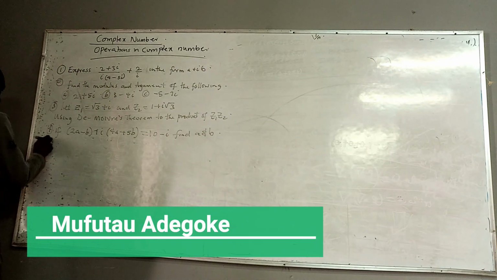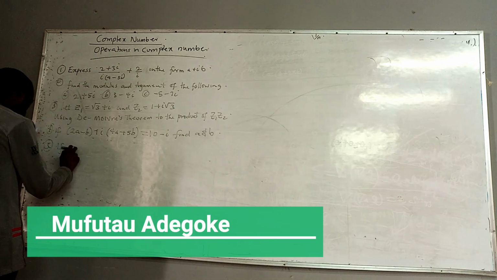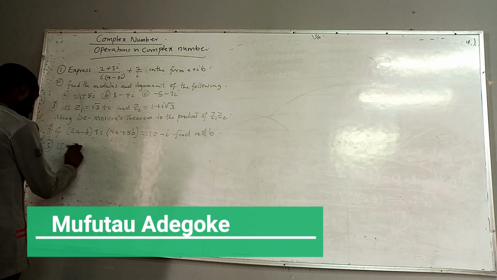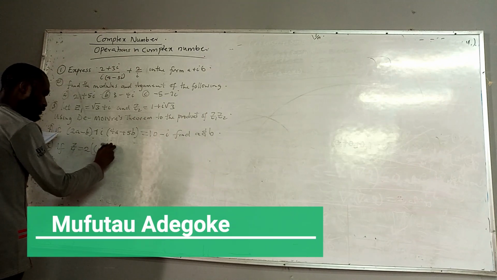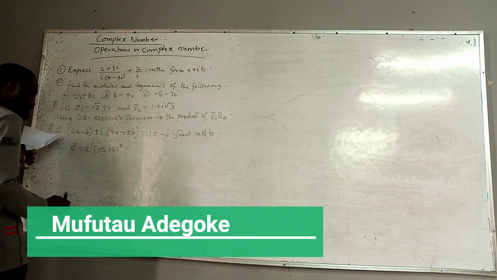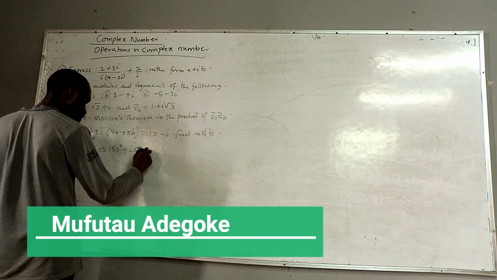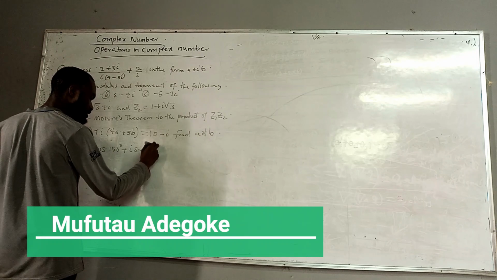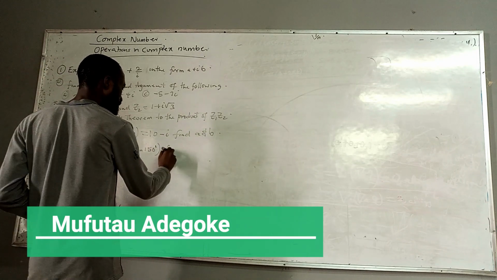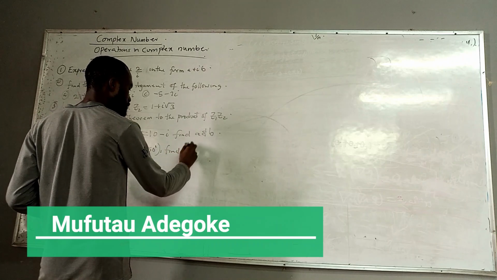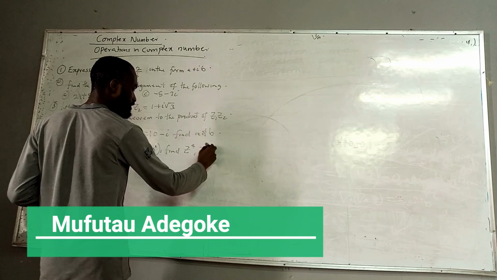The fifth question, if Z equals 2 cos 150 degrees plus i sine 150 degrees, find Z raised to power 4 and Z raised to power 1 over 3.